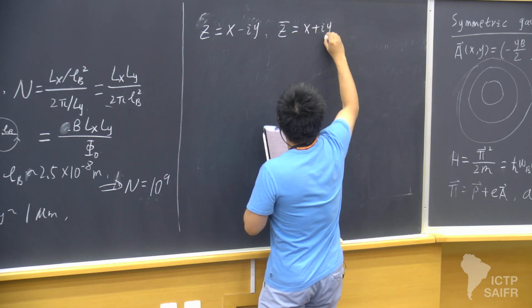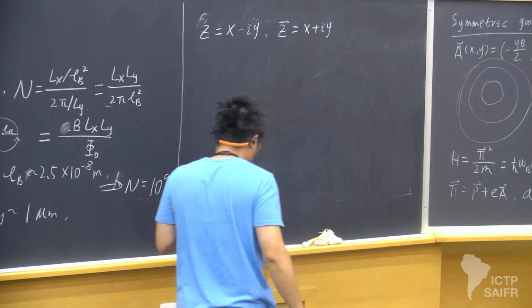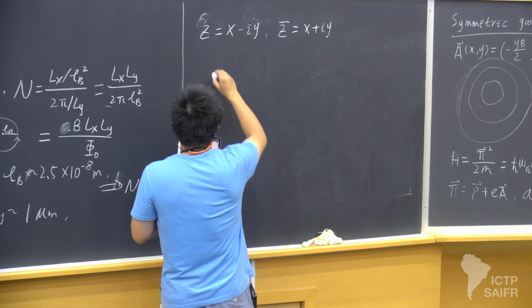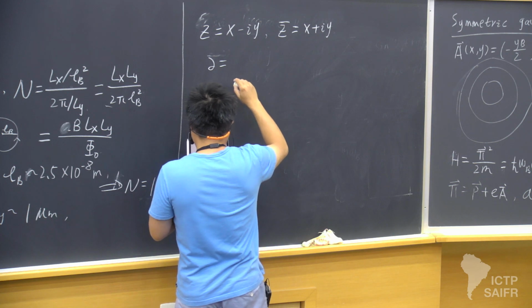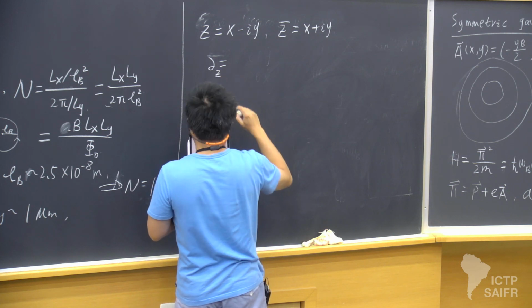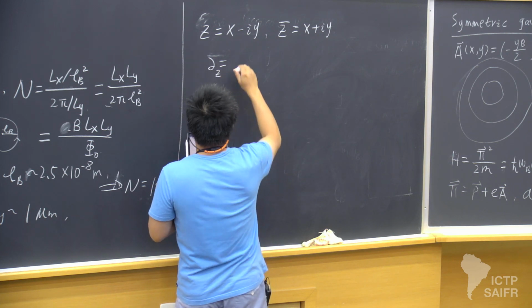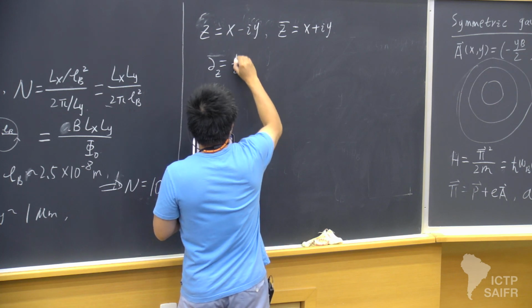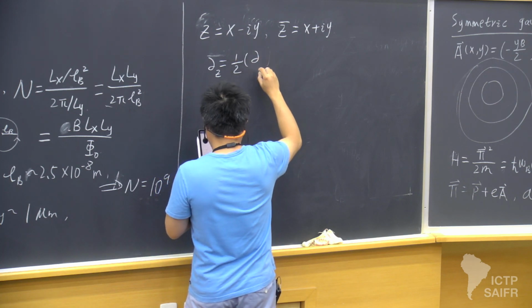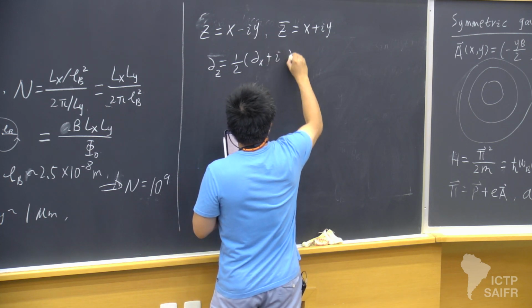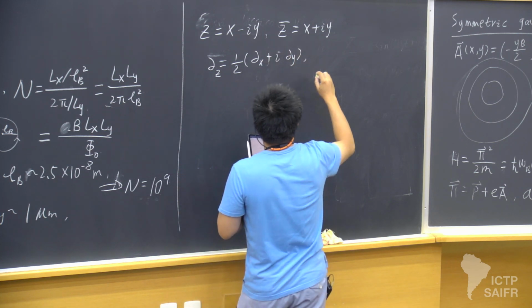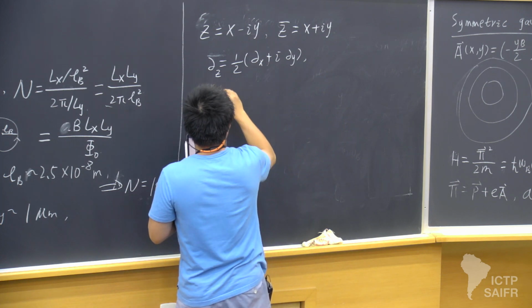And z bar as x plus iy, right? Then you can write the derivative of z as one half partial x plus i partial y, and partial z bar.